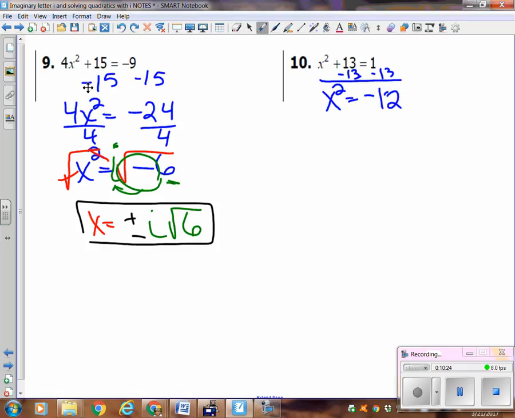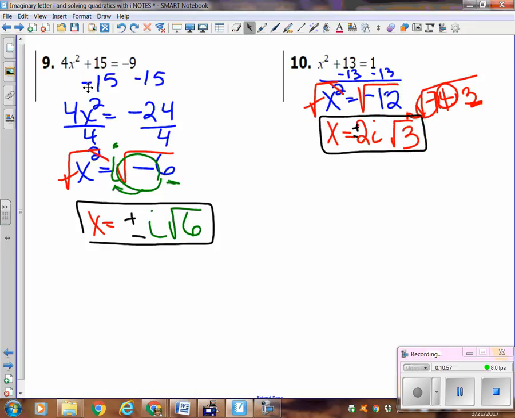Take the square root of both sides. That's where I get my x back. Break down 12 into 4 times 3 times negative 1. So negative 1 pops out as an i. What does the square root of 4 come out as? 2. And the square root of 3 cannot come out. And don't forget what? Plus or minus.